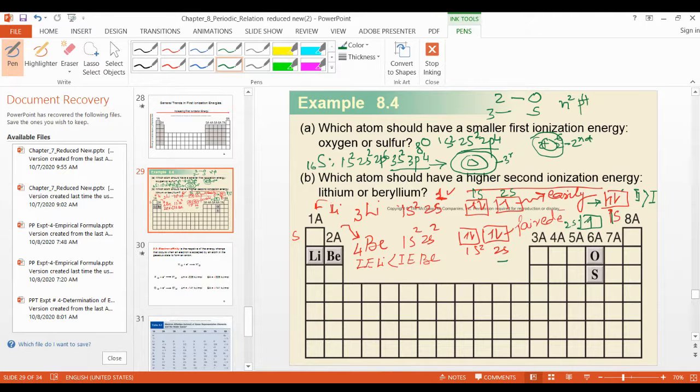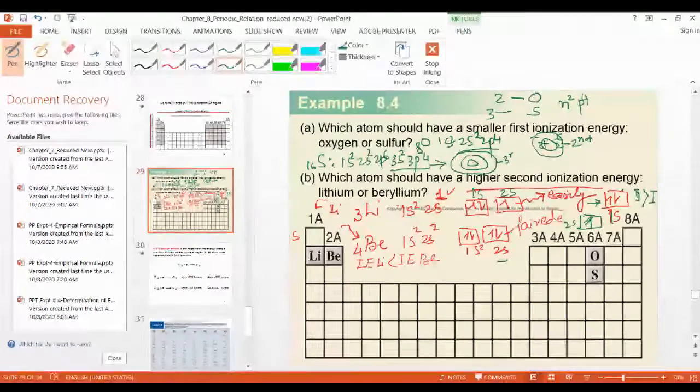It's the second shell. It is away from the nucleus. So this electron in the beryllium is bonded with the nucleus less, right? Because it is in the second shell, it is away from the nucleus, the force is less as compared to the lithium, which is paired and in the 1s close to the nucleus.